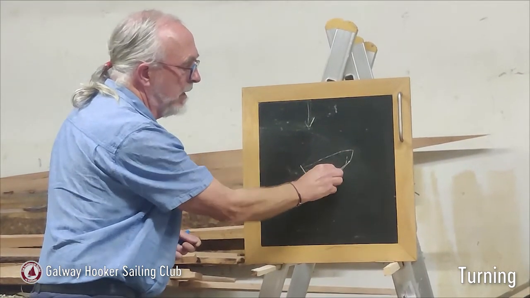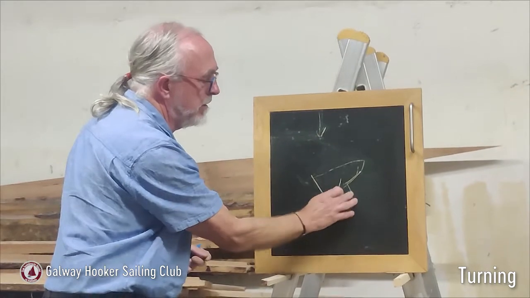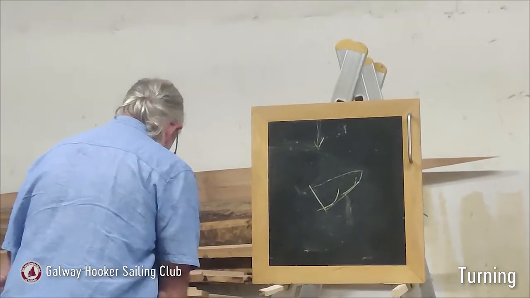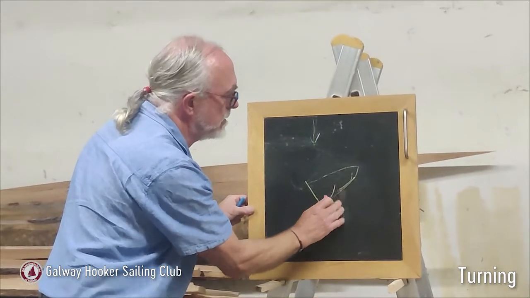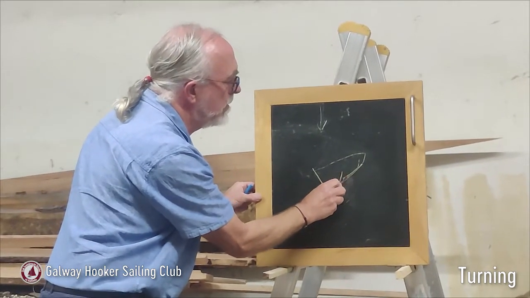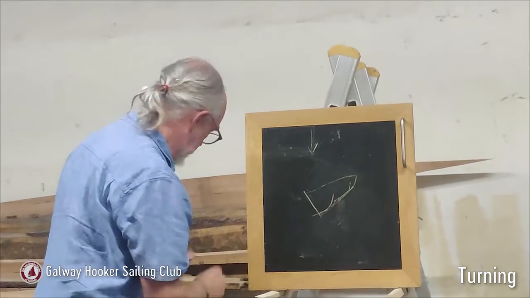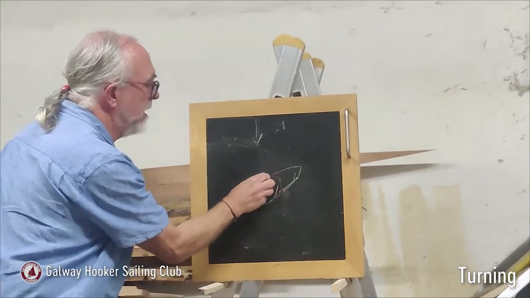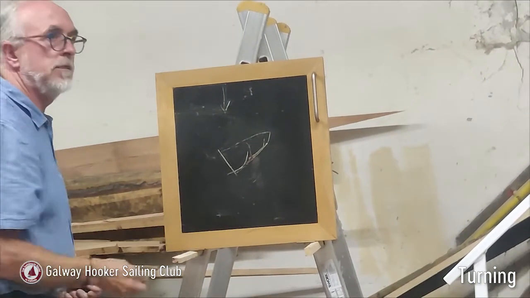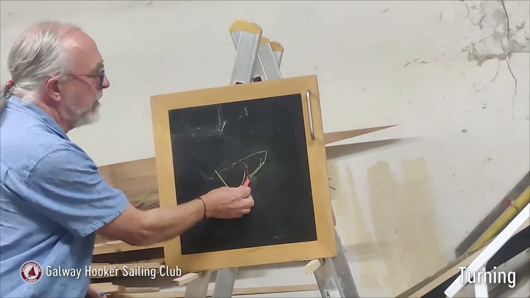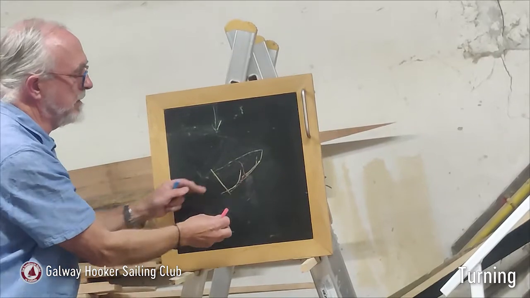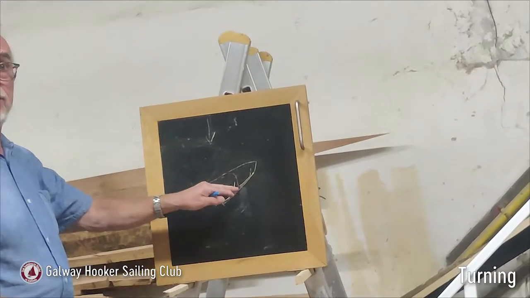this jib sail here will have two sheets. Let's draw it in colour. It's got an active sheet that the crew is holding, and it's got a lazy sheet over there that's just lying in the cockpit or something. And this sheet here is keeping that sail in position, full of wind.